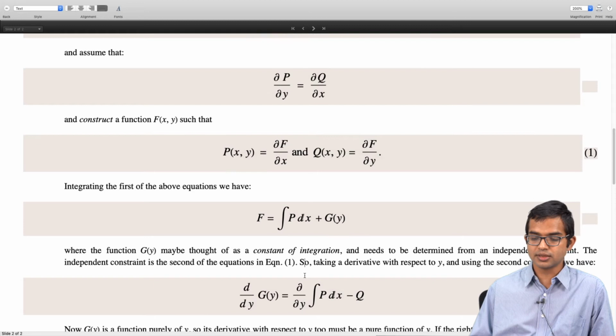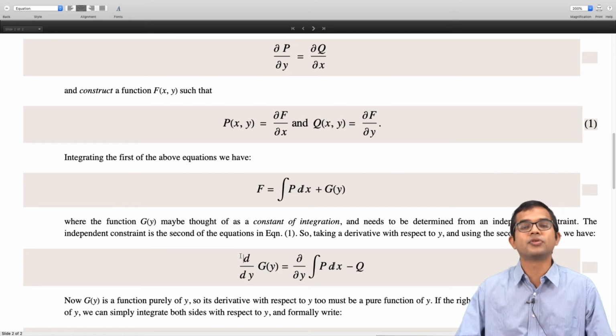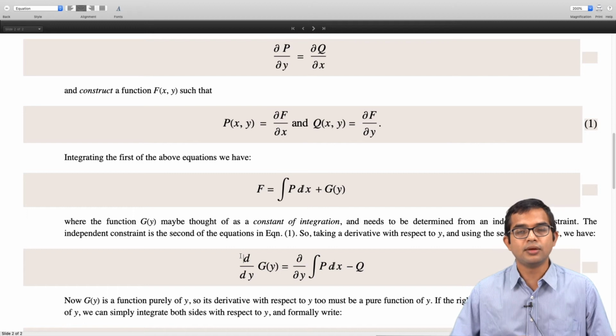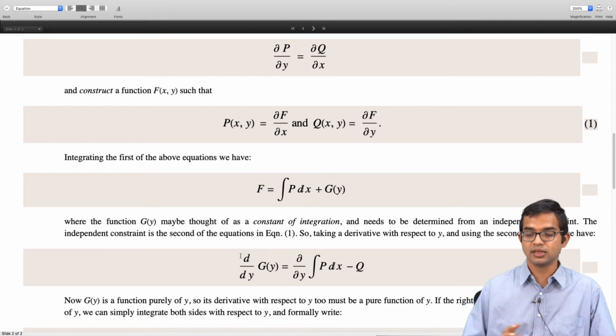So now you look at this equation carefully. On the left hand side we have the total derivative with respect to y of a function which is a pure function of y. So the derivative with respect to y of a function which is purely a function of y must be another function of y. It cannot have any x in it. But on the right hand side you have some complicated stuff.